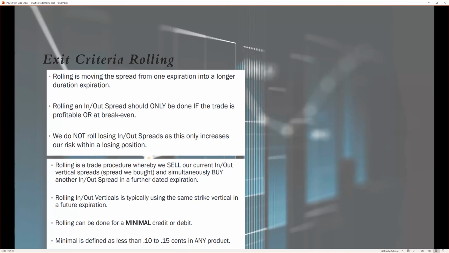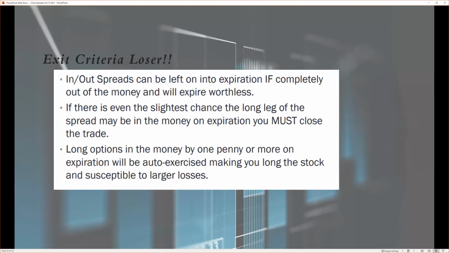So therefore, the rolling can be done for a minimal credit or debit, but minimal is defined as no more than 10 to 15 cents in any product. So the maximum debit that you're gonna pay for a roll shouldn't be more than 15 cents. Optimal between 10 and 15. And that is very important as well to take in consideration.